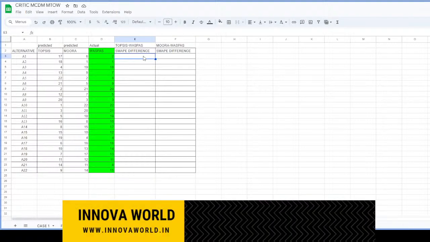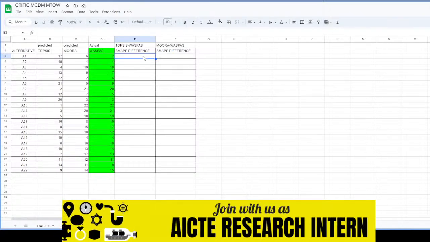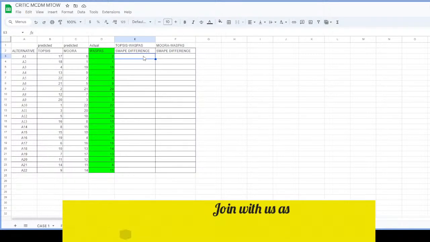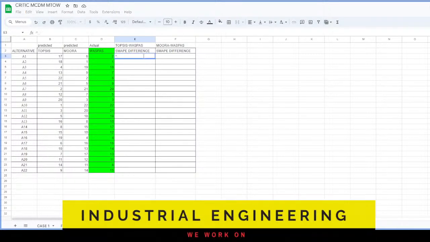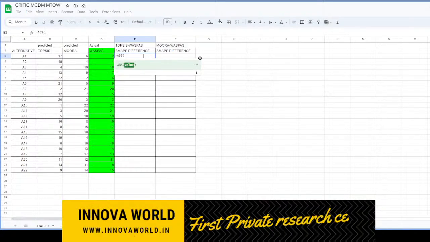First and foremost, I have written my actual one and my predicted one. Here it is an absolute difference. In Excel, I'm going to use ABS, open bracket, with my predicted one.